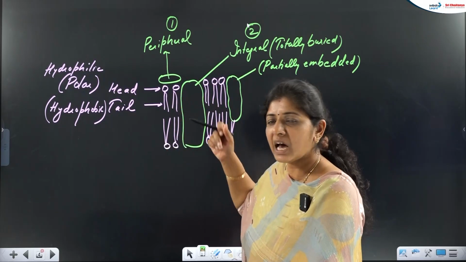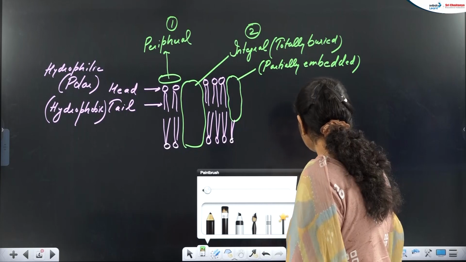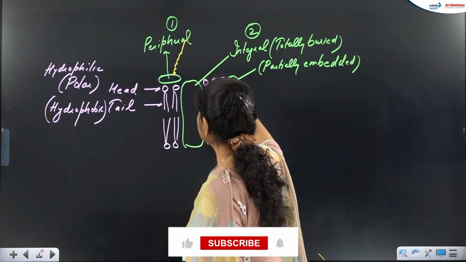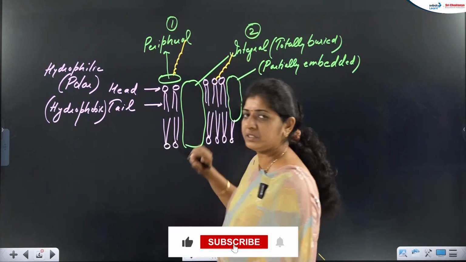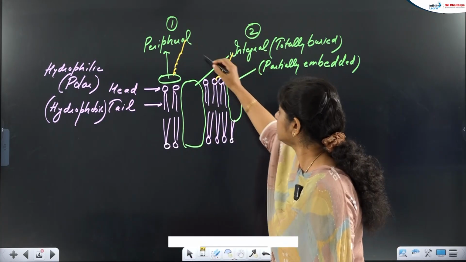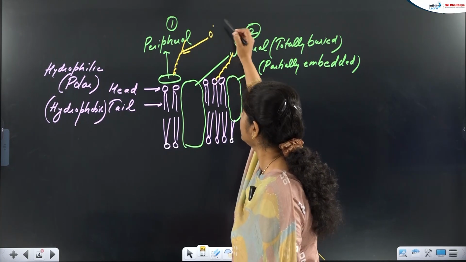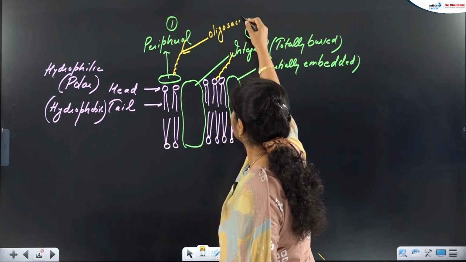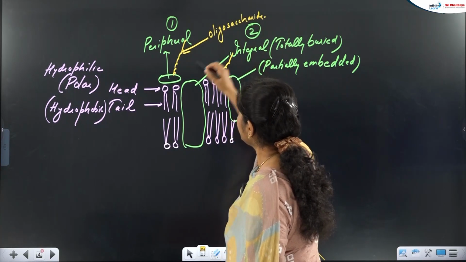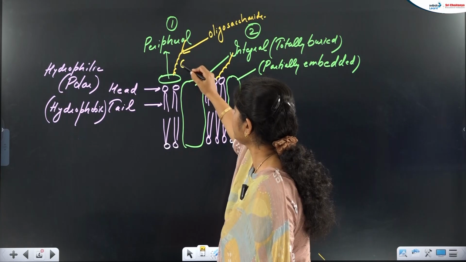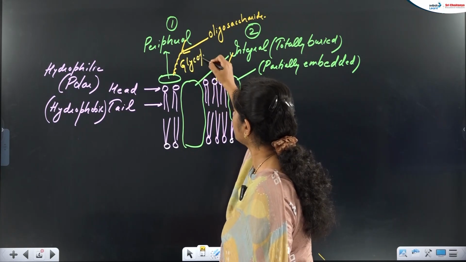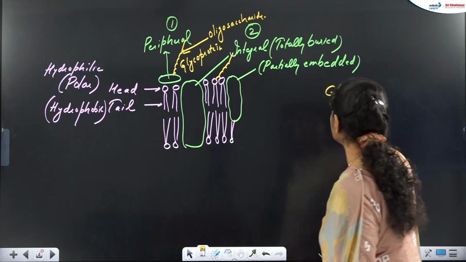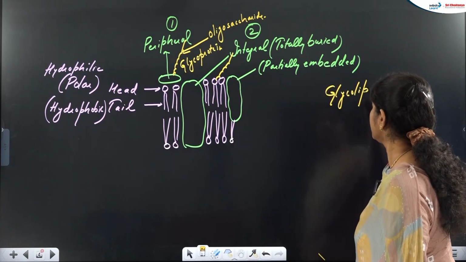Where will be the carbohydrates? Carbohydrates will be forming chains either attached to the proteins or attached to the lipids. These sugars are in which form? That is in oligosaccharide form. Then this protein you call a glycoprotein, and that lipid you call a glycolipid, right?